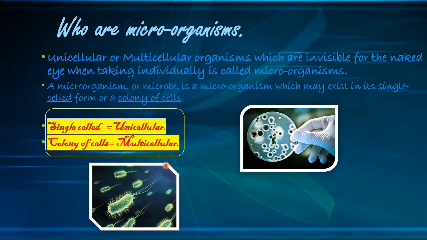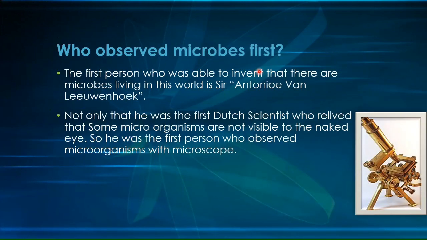So let's go. Who observed the microorganisms first? This is a main fact that you should take as general knowledge. The first person who realized that there are microbes living in this world, and that there should be equipment to observe these microorganisms because some are visible to the naked eye but some are not, was the Dutch scientist Sir Antonio van Leeuwenhoek.